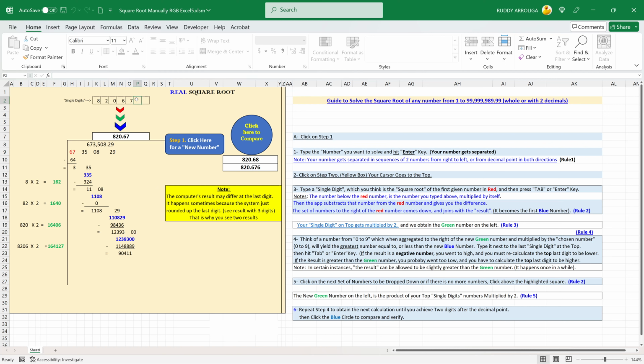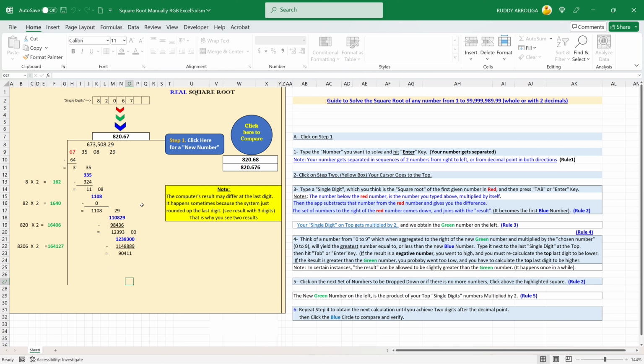If it happens to be any digit over here above 5, the computer will automatically assign the next digit up. The computer does that because it sees this number in the bottom. If this number in the bottom is more than half of this green number over here, then it happens. Okay, that's it.